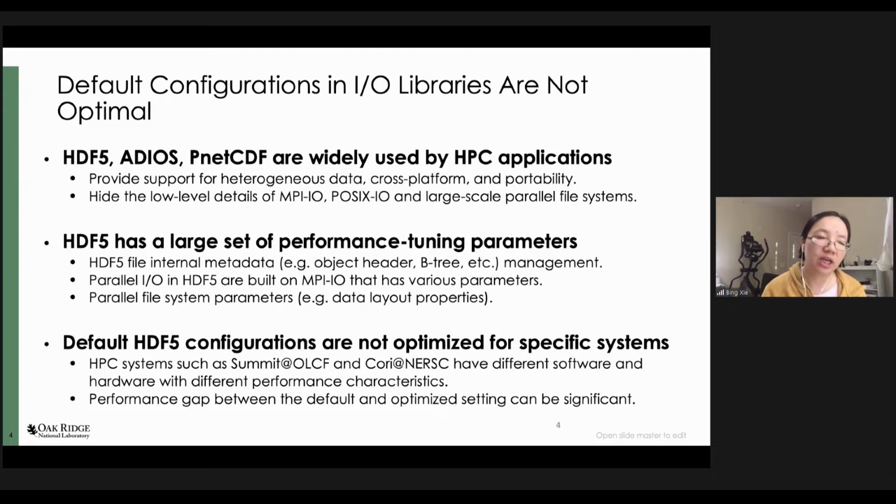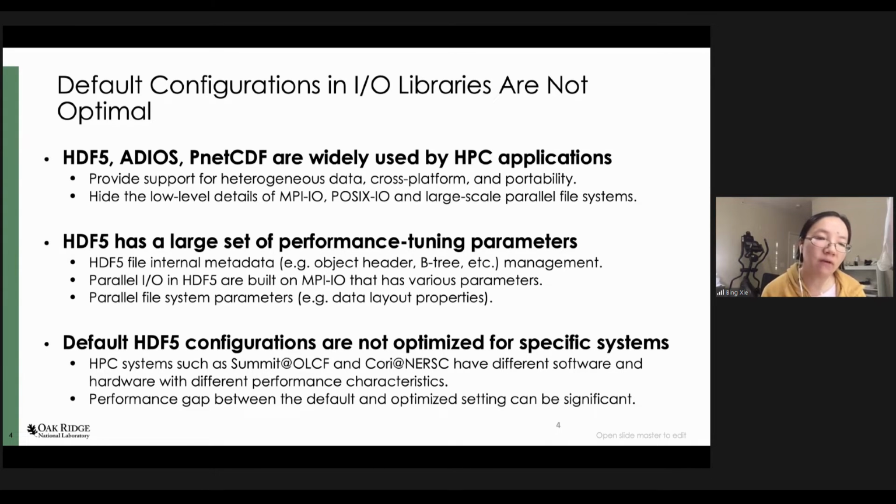Specifically for HDF5, it has a large set of tuning parameters. For example, it has its own file format associated with a group of tuning parameters, such as for the file internal metadata, including the object header, B-tree, etc. Also through HDF5, people can tune the parameters at the MPI level, like the number of aggregators and the size of the buffer cache for the aggregations.